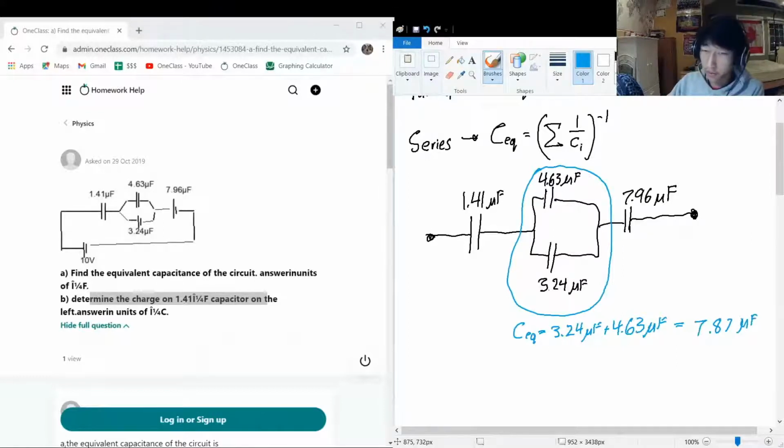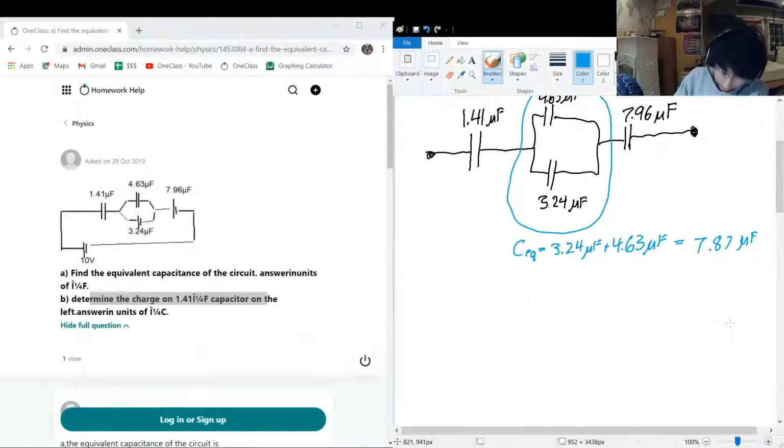Okay, so we can redraw the circuit as 1.41, 7.87, 7.96 microfarads.